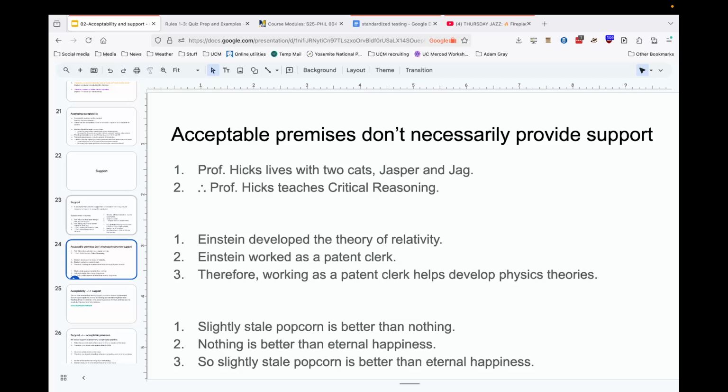Okay, let's come back together. So forget eternal happiness when you can just have slightly stale popcorn. What's gone wrong here? Jonathan. In the first context, you're using nothing to describe the noun of literally nothing, and in the second one, you're using it as a grouping, as in there's nothing that fits the category where it would be better than eternal happiness.